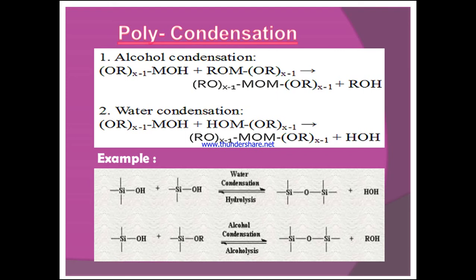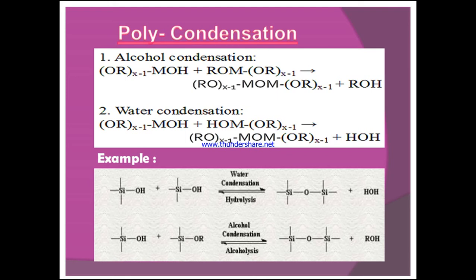From the gel, we are going to extract by the calcination technique. The gel contains metal and oxygen content along with alcohol, so the alcohol has to be eliminated. To extract nanoparticles, we have to go for the calcination technique.